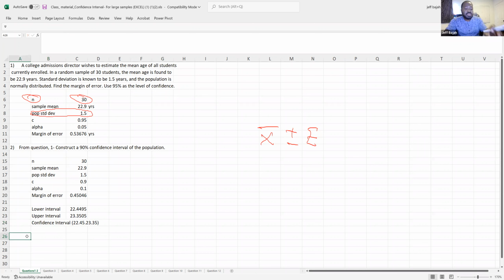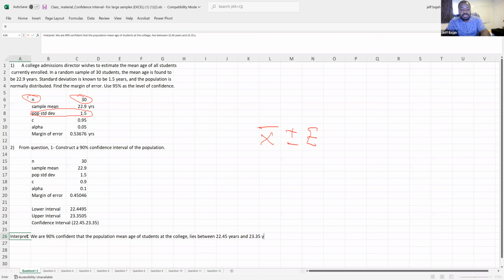So we're now going to interpret the results. And this is where understanding the concept is very important. We can say that we are 90% confident that the population mean age of students at this college lies between 22.45 years and 23.35 years.